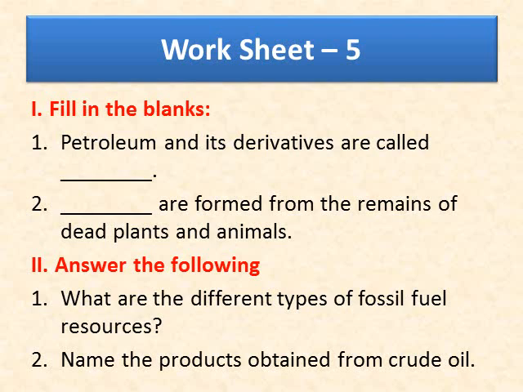Children, now it's worksheet time. Worksheet number 5. Fill in the blanks. Question number 1. Petroleum and its derivatives are called dash. Question number 2. Dash are formed from the remains of dead plants and animals.